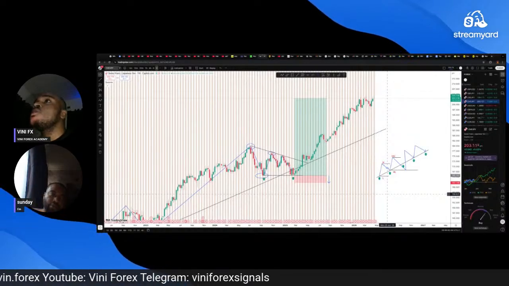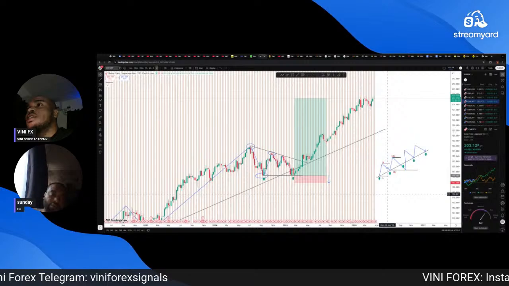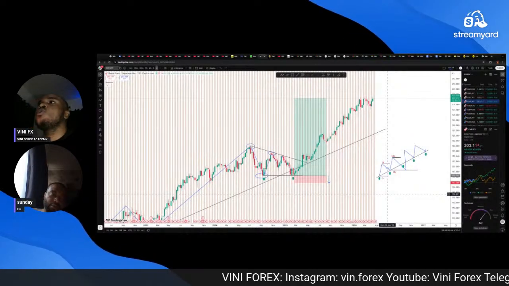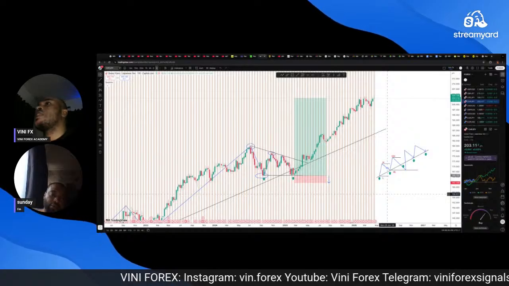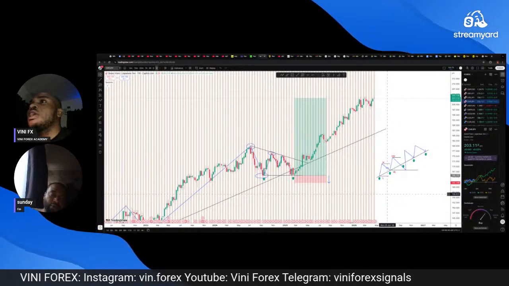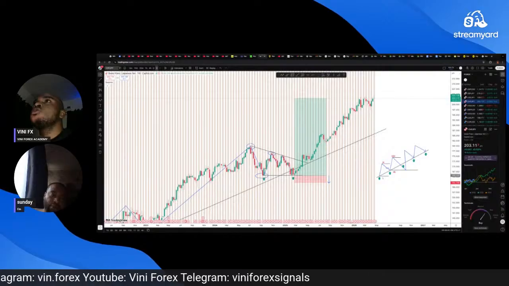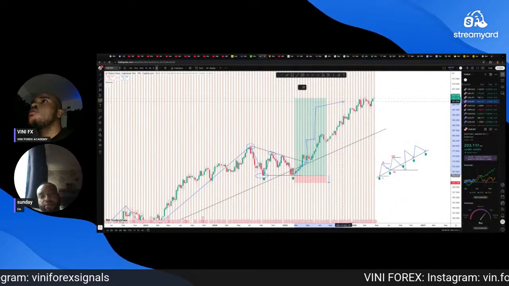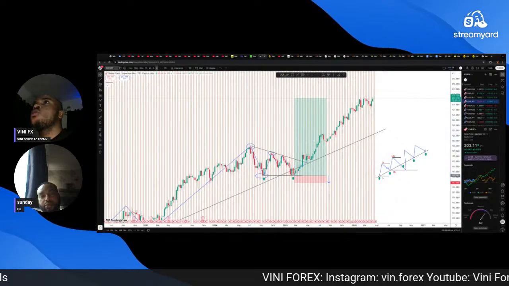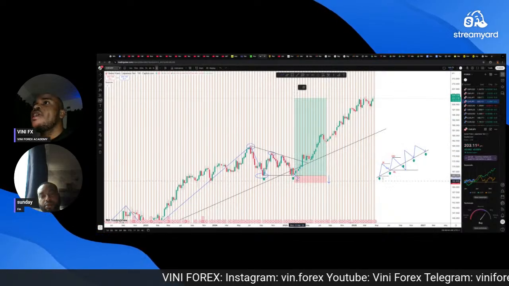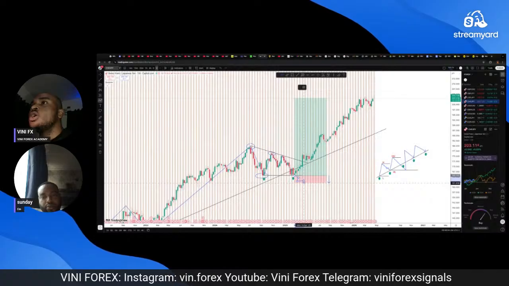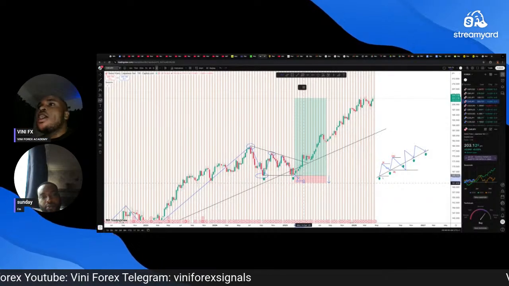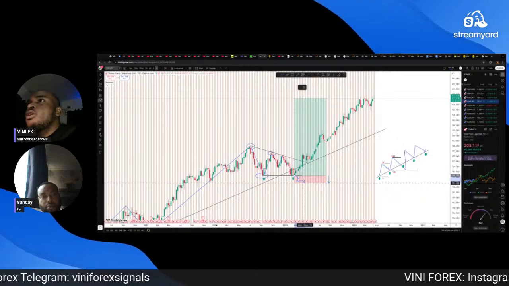But a stop loss means even though you know the market is going to buy, if the market did not buy and decides to go against what you analyze, against what you are seeing, against what you think, and the market decides to go down instead of going up, if it goes down to this point, you accept to be wrong, you accept to lose some amount of money, and you're okay with it.